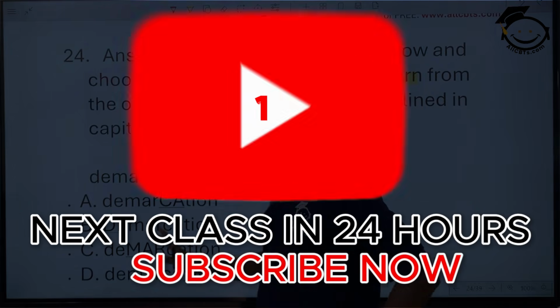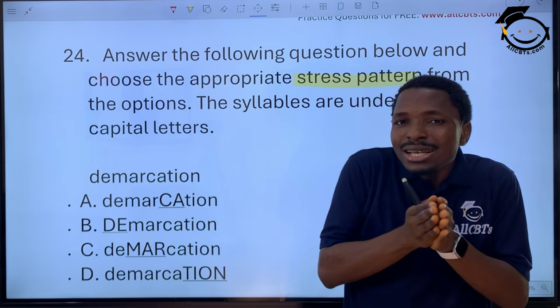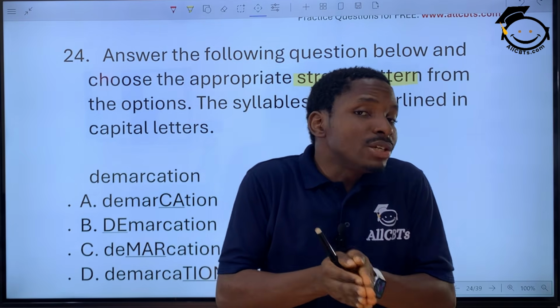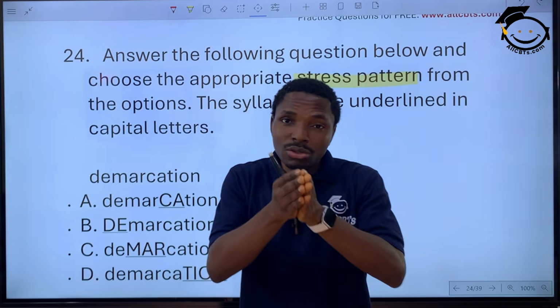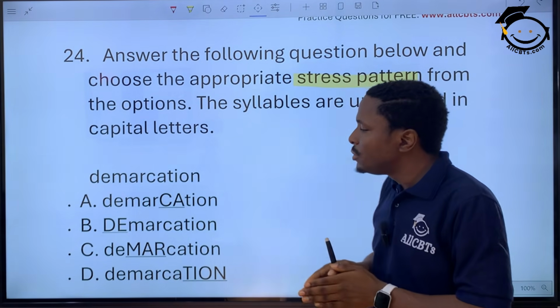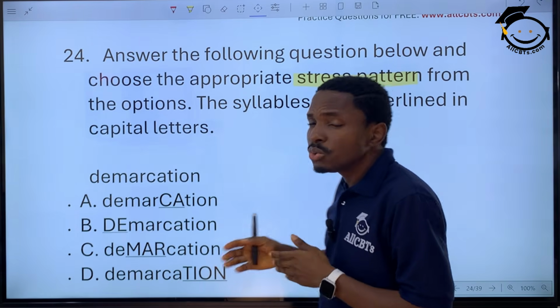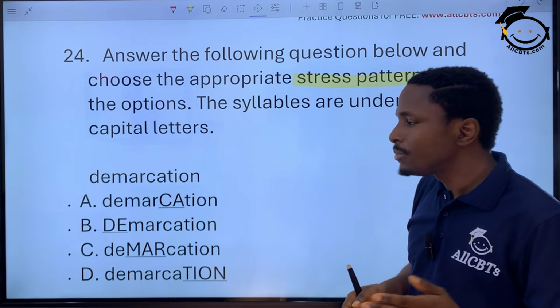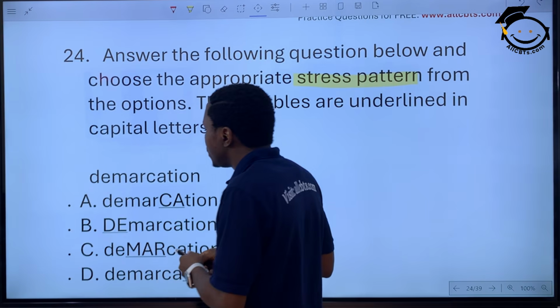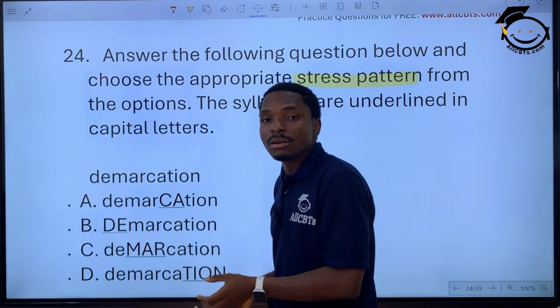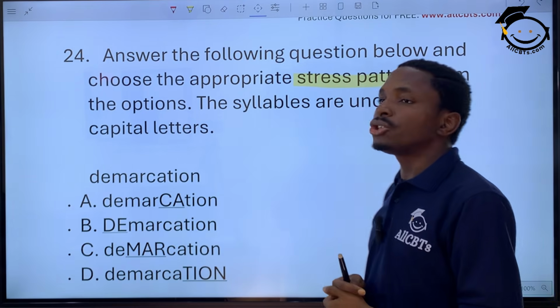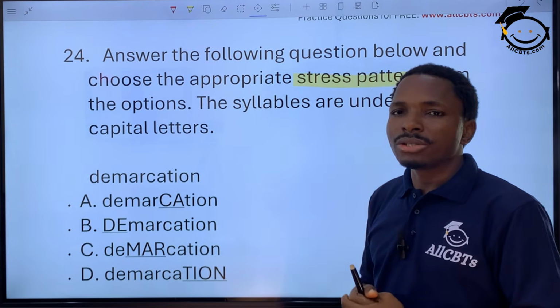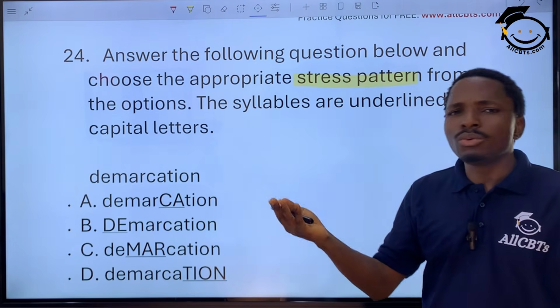There are different techniques to this, but the easiest technique, especially for examination, is the one we were taught in secondary school: pronounce each word until you find the right sound. In this one, they put the stress on K. Let me pronounce it and see. Is that how that word always sounds?